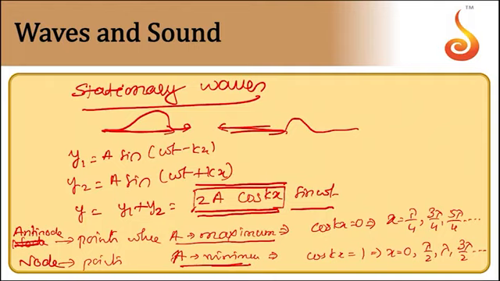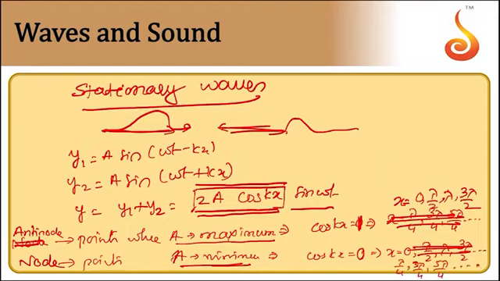So maximum corresponds to cos kx is equal to 1, I think I wrote it opposite, and cos kx is equal to 1 gives rise to x is equal to 0, lambda by 2, lambda, 3 lambda by 2. And minimum corresponds to cos kx is equal to 0, that gives rise to lambda by 4, then we have 3 lambda by 4, 5 lambda by 4 and so on.